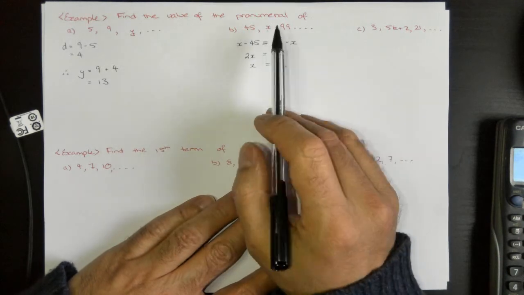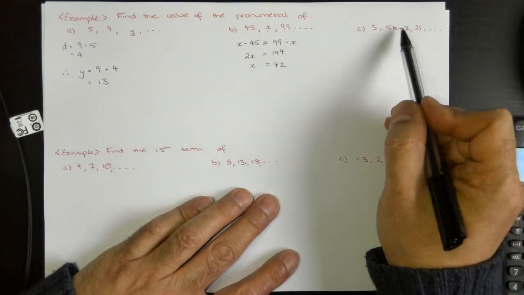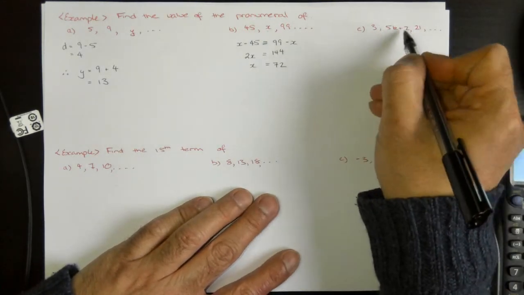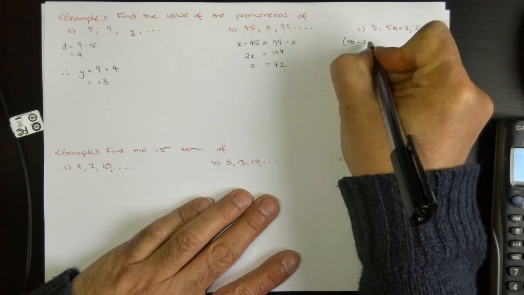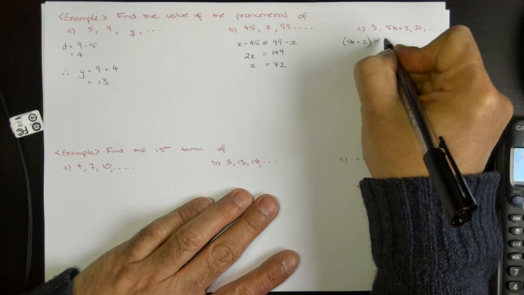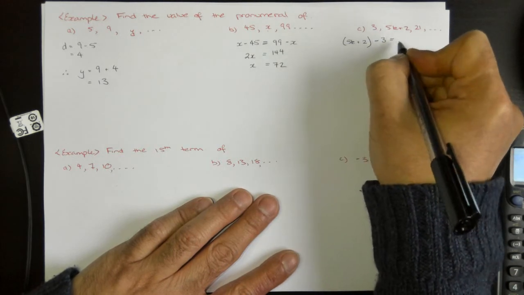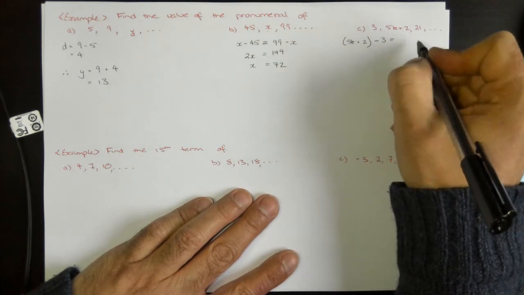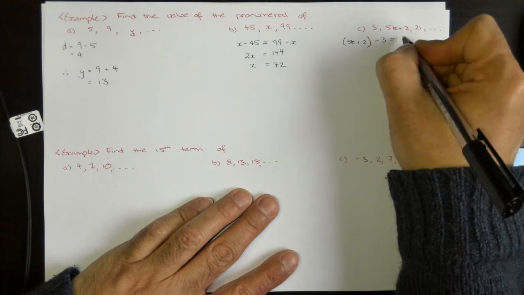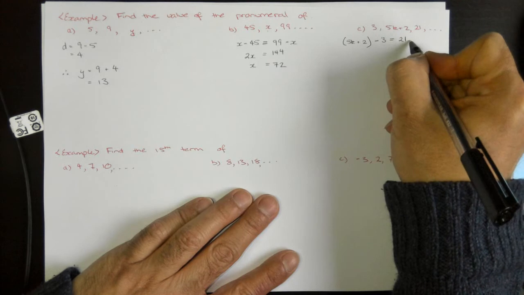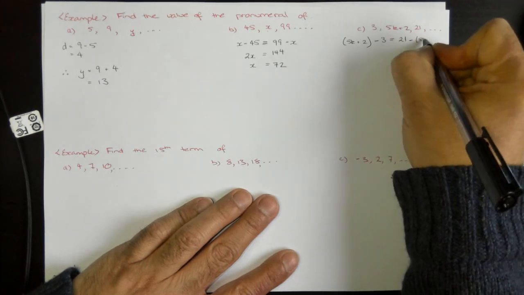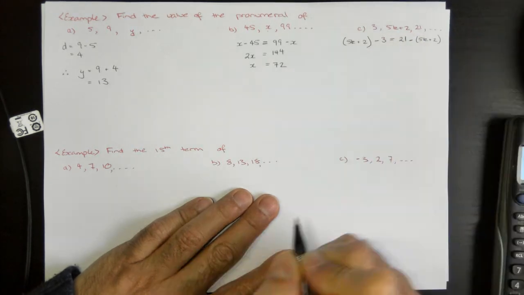Using that same idea of finding the common difference, I'm going to do the same here. I'm going to have my middle term, 5k plus 2, and subtract the previous term, and that's going to give me d. But I can also find d by doing 21 minus 5k plus 2, the previous term.